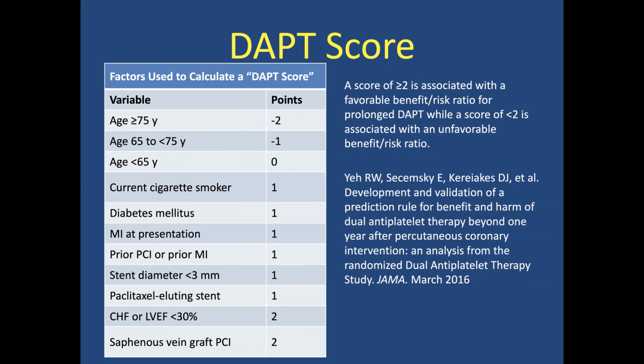Whereas other patients, for example, patients with stable coronary disease who are of advanced age, those would be patients that you would want to strongly consider taking off. The risk of bleeding most likely outweighs the ischemic benefit of continued dual antiplatelet therapy.